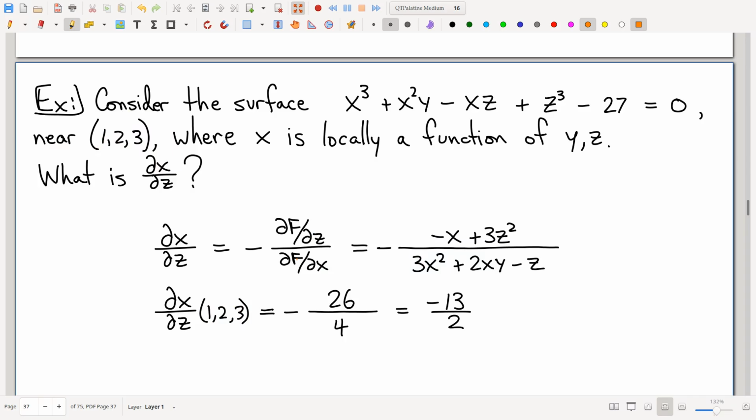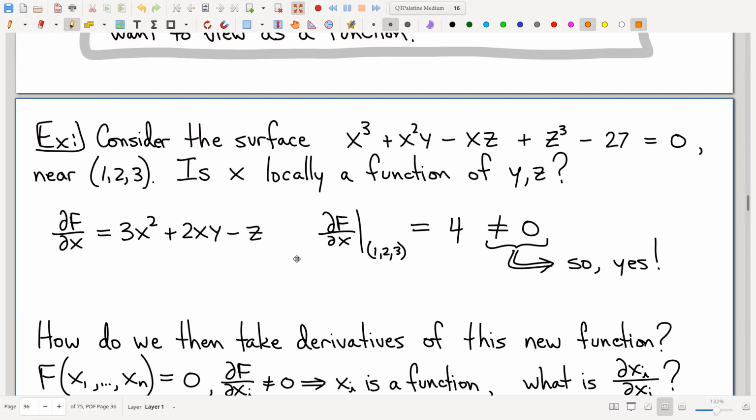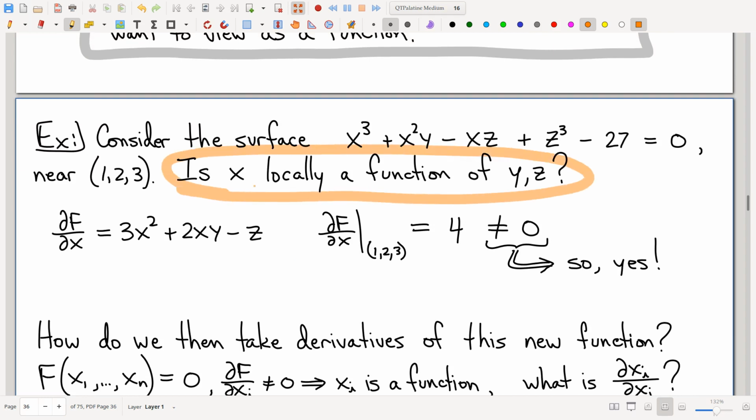This example is actually kind of two examples that combined are really a full example. So the very first thing we did is we asked, is x locally a function of y and z? And we have a take on how to answer that question.